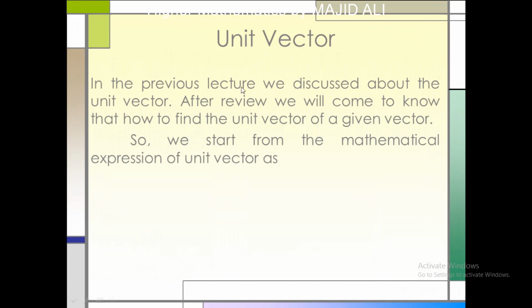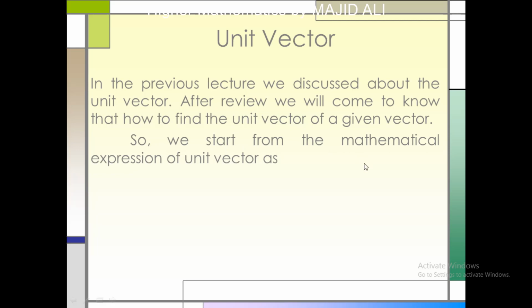In this video we will discuss only some examples of finding the unit vector. After this review we will come to know how to find the unit vector of a given vector.